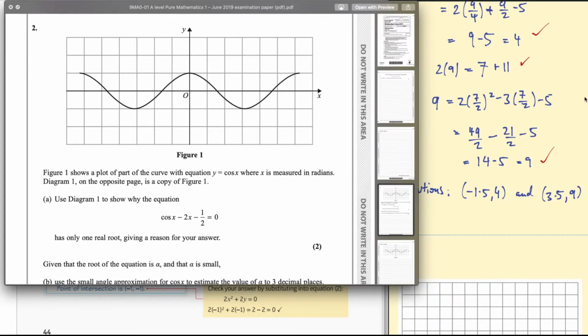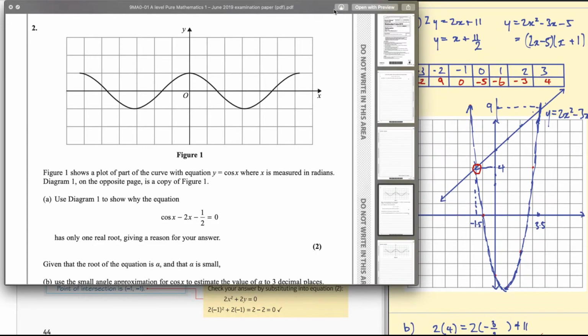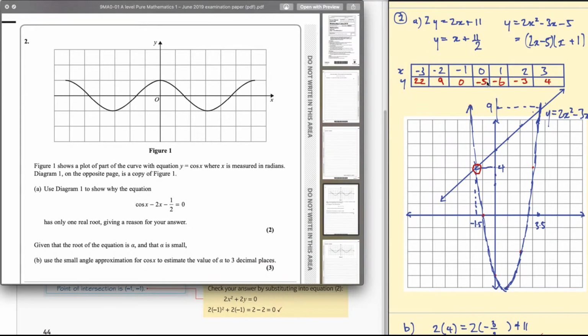Okay. So the point I'm going to try to make here is that we did all of this to solve these two equations graphically. So we have a quadratic here and a linear equation here. And we did a whole bunch of work to get the solutions for these two things.